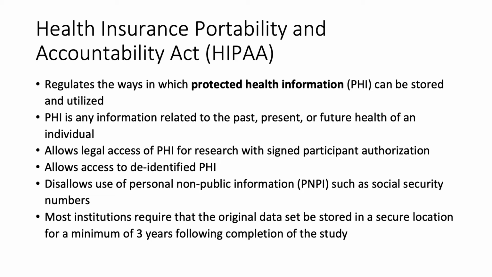Another way is that researchers can use PHI that has been de-identified in blinded studies, so that the researcher is not aware of which information is associated with a particular participant when collecting the data. The use of personal non-public information, such as your social security number, is also federally regulated. That information should not be used for participant identification.